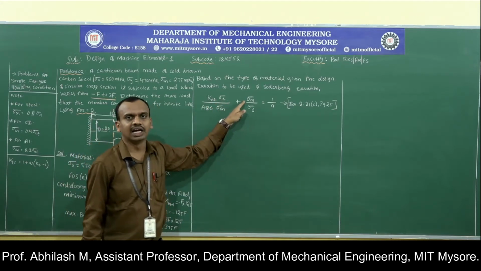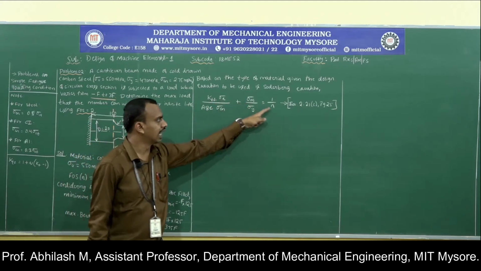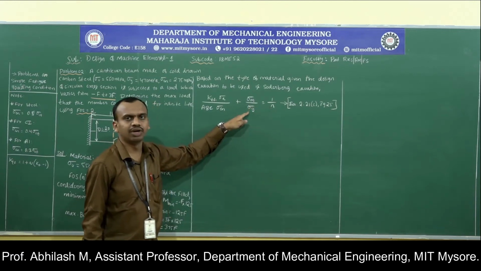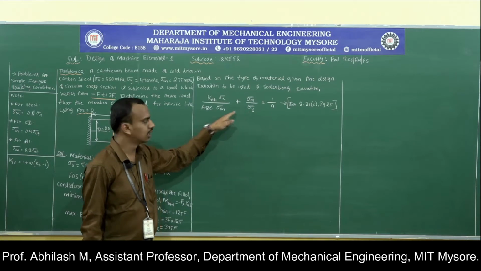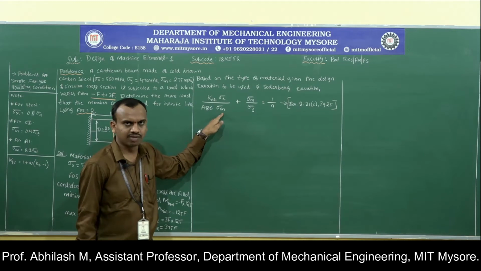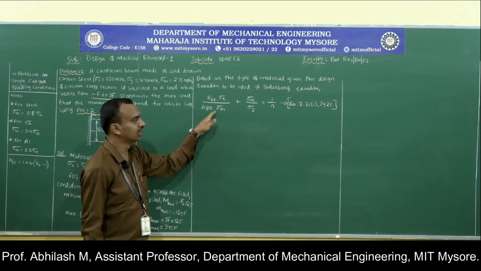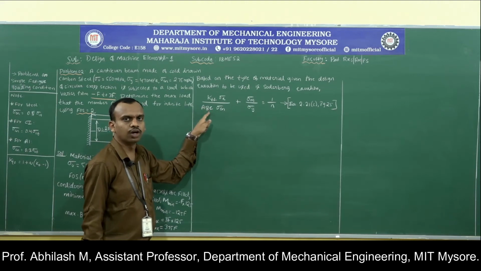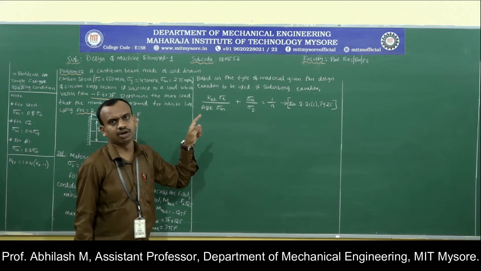Sigma m will indicate the mean stress. n will indicate the factor of safety. Sigma y will indicate the yield stress. Sigma en will indicate the endurance strength of the given material. And the factors affecting this endurance are A, B, C, that is size, load and the surface correction factors.